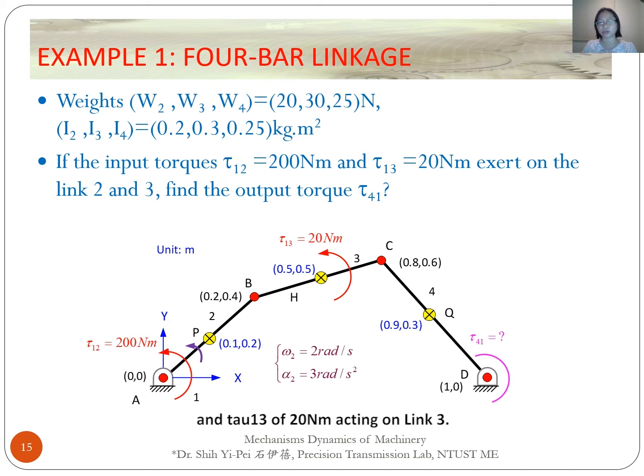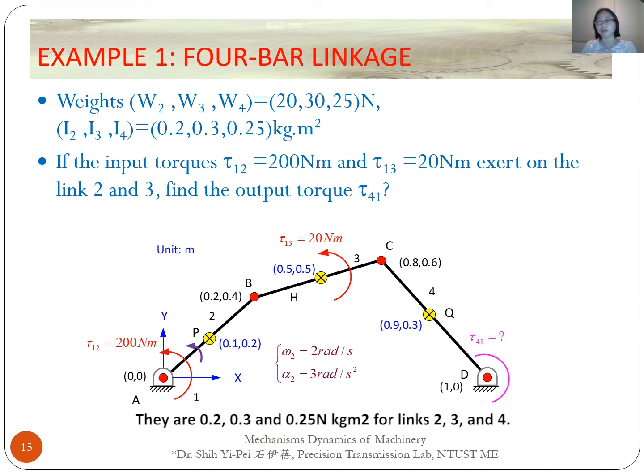When the masses of the links are too big to ignore, their weights need to be considered. They are 20, 30, and 25 Newton for links 2, 3, and 4 respectively. And the moment of inertia of each link is given.